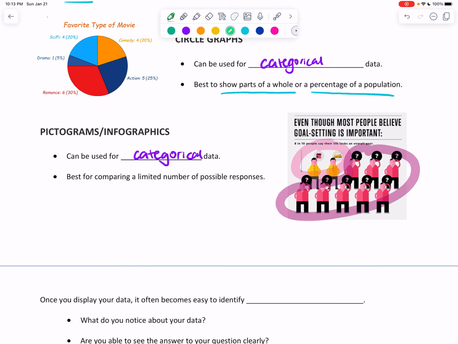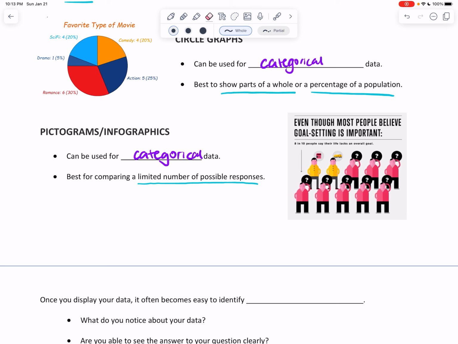Pictograms or infographics are often the best option when I want to use a limited number of possible responses. So if I had 10 people here and I colored them in 10 different colors, I don't know if a general person in the population would look at that picture and go, oh, that must be 10 different opinions.